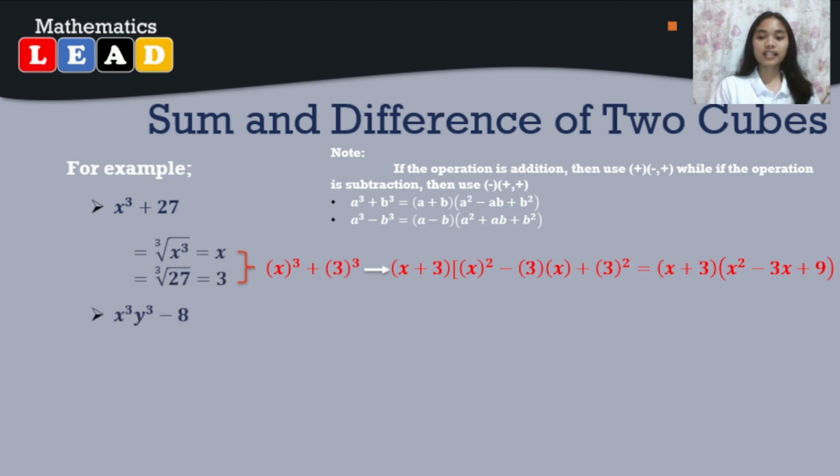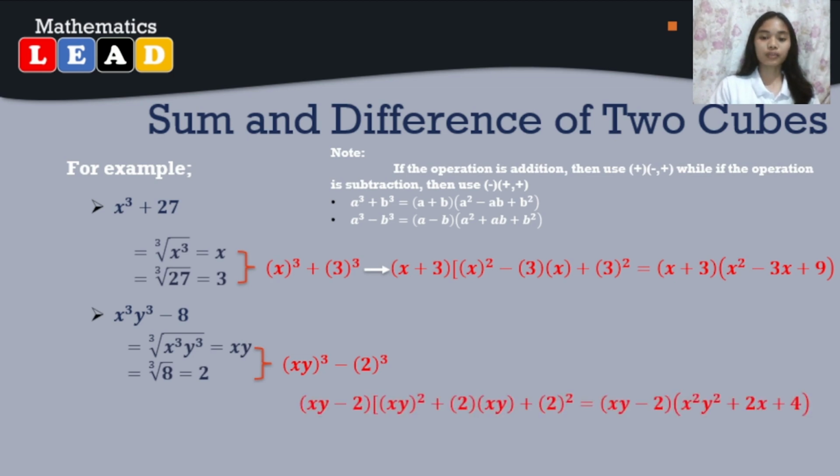And for our second example, which is x cubed y cubed minus 8, we will use the factor of difference, which is this form: a cubed minus b cubed is equal to a minus b times the quantity of a squared plus ab plus b squared. So our a here is xy and our b is 2.